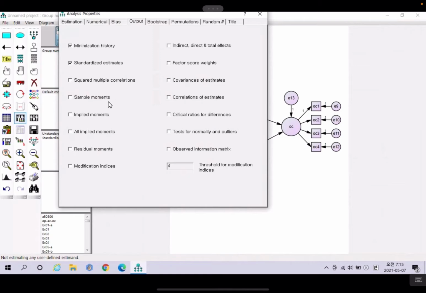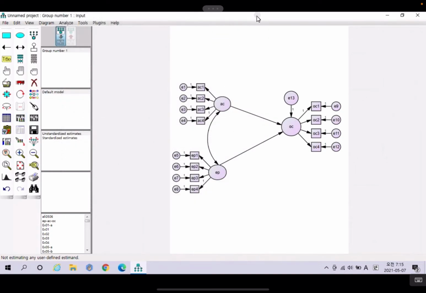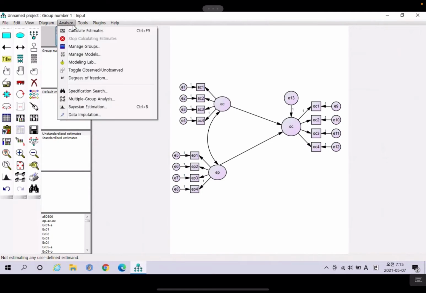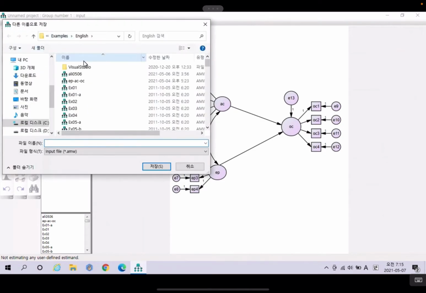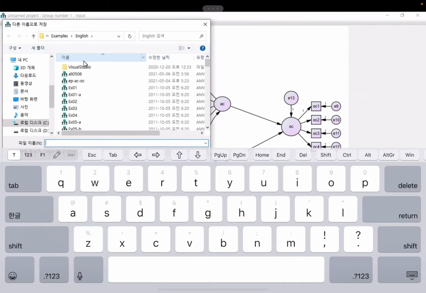And whatever you want, right? And I'll talk about this one later, modification indices, right? And once you check these things and you close this, and then you go to the analyze, and you select calculate estimates, right? And name the file. So this is a test.